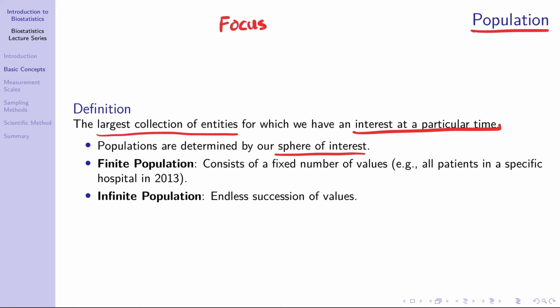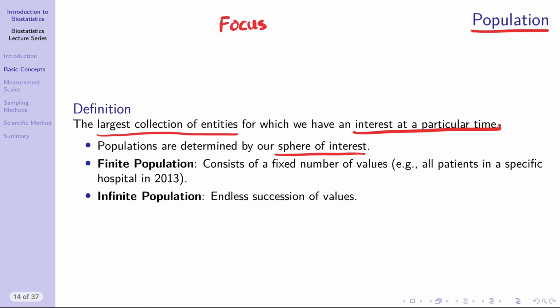For example, if you want to calculate the survival rates of patients in a particular hospital suffering from a particular disease, then all the patients that come to the hospital for that disease at that time are considered the focus, because you cannot reliably take in all of the population. So we only take in the entire population of interest, which is going to be our focus.